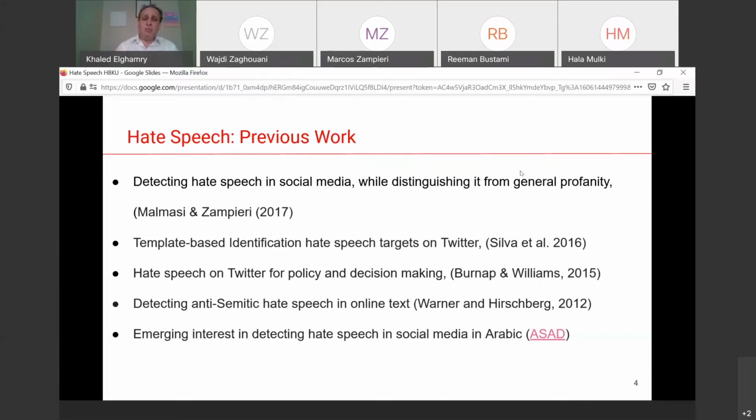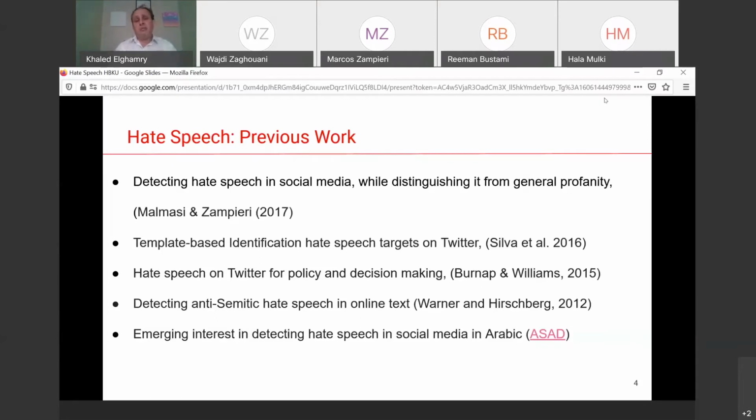Then there is template-based identification of hate speech, as in Silva et al., 2016. Some work has been done on using the identification of hate speech for policy and decision-making, which is Burnap and Williams 2015. And there's some work on detecting anti-Semitic hate speech in online text, 2012.